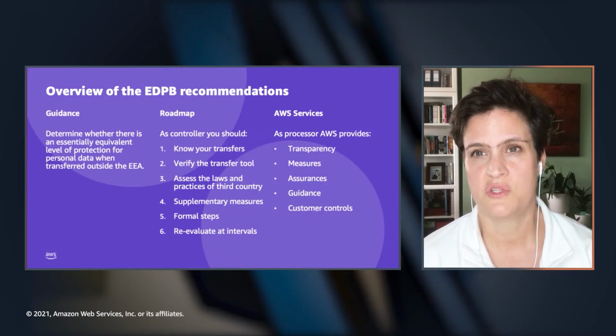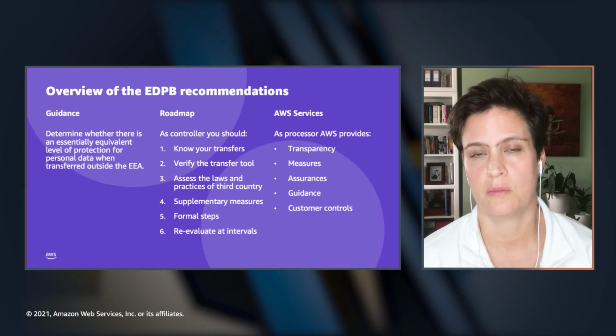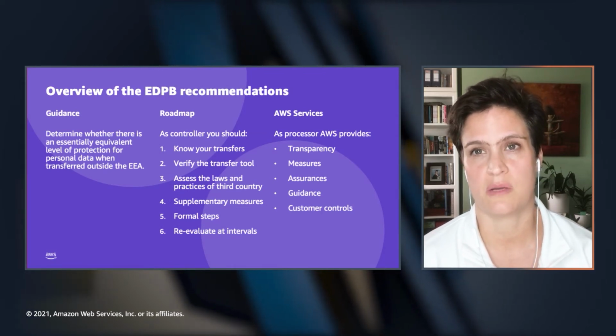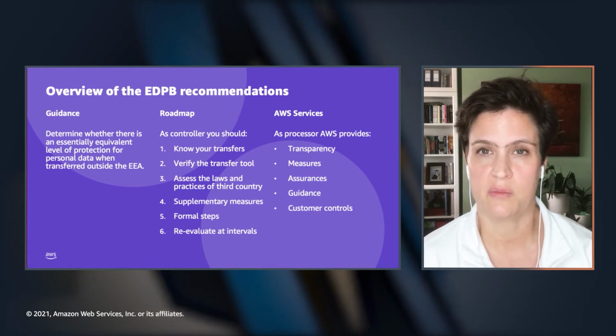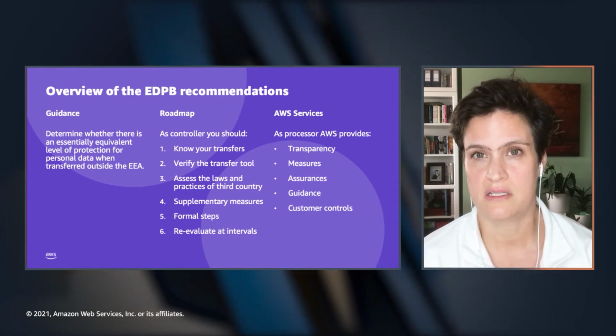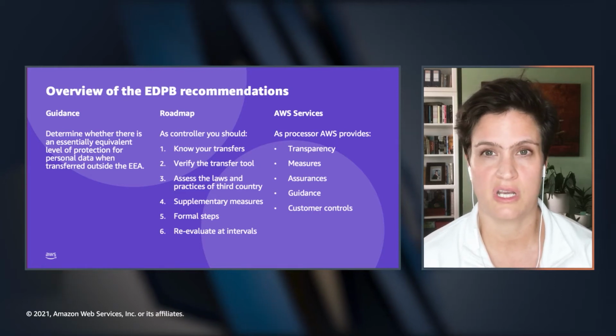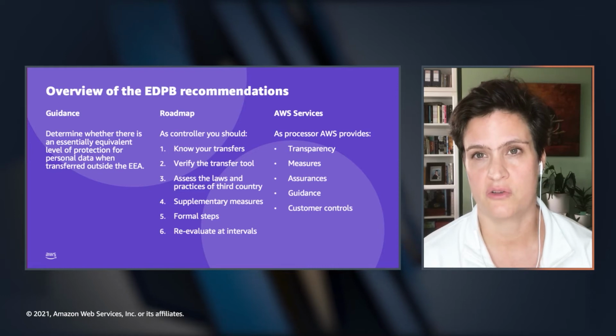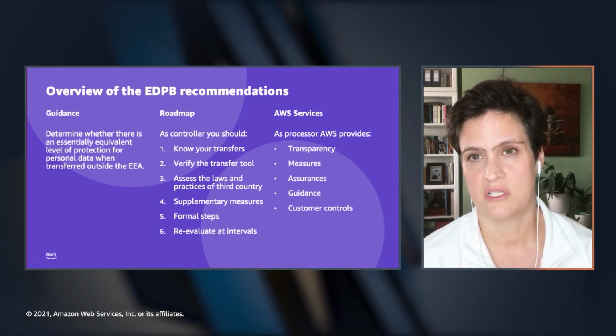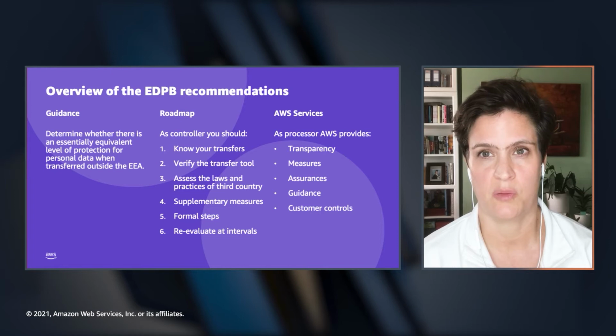What the Schrems II ruling, however, didn't do was define what those supplementary measures might be. And for that, we turn to the EDPB recommendations, which are guidance to help determine in which scenarios supplementary measures might be appropriate, but then also to determine which supplementary measures might be appropriate.